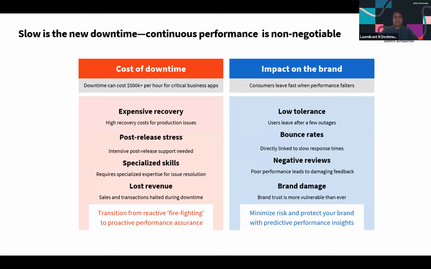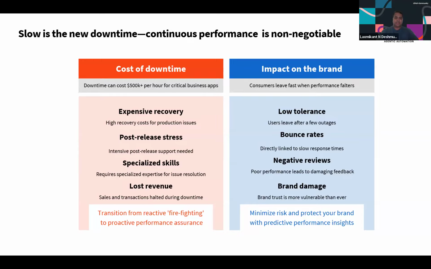That's why the cost of downtime is very expensive, in terms of the recovery. It is impacting the brand. Nowadays, customers are becoming very low tolerant. They leave quickly, within a few seconds, not even a few minutes, right? There are specialized skills required to reduce these impacts on the brand.